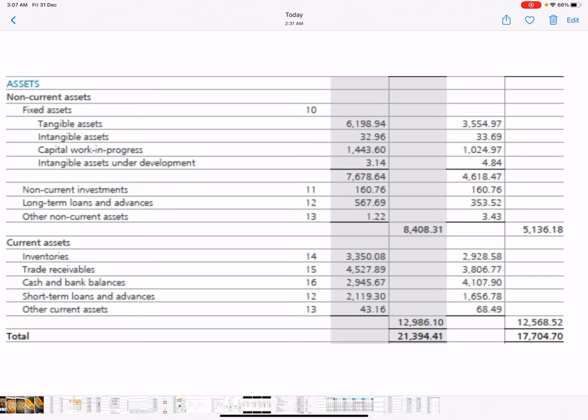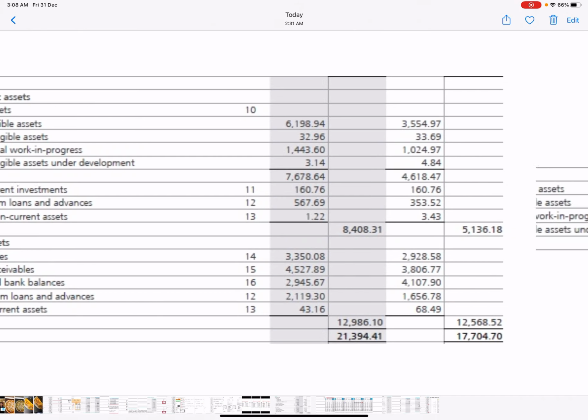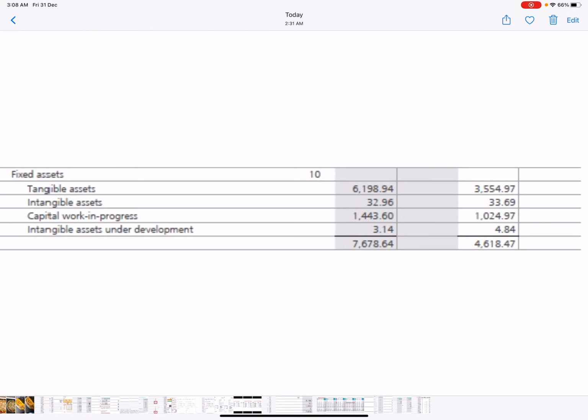If you can see all the line items within fixed assets, here is note number 10, which we can explore in greater detail shortly.